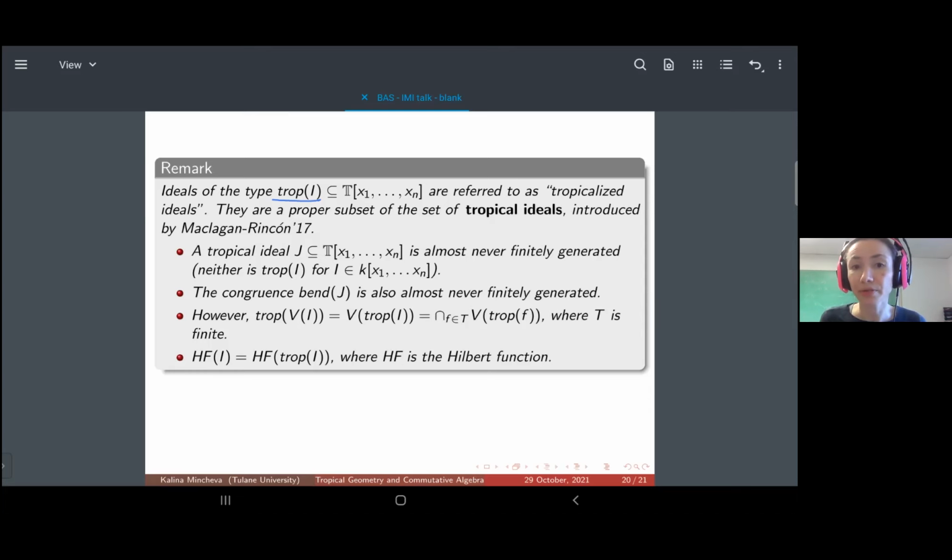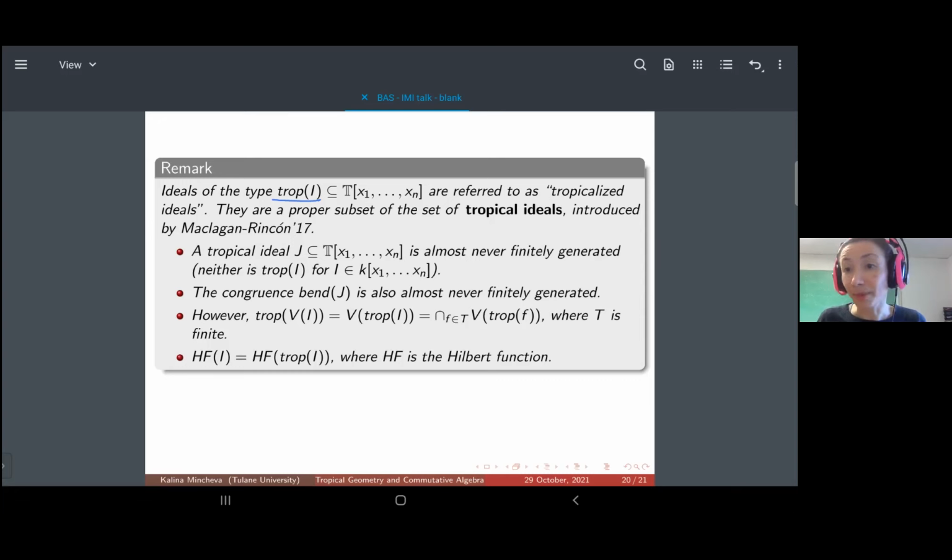But let me tell you something about these ideals. These tropical ideals are almost never finitely generated, which is crazy and sad and makes them very hard to work with. However, they do satisfy an ascending chain condition. And this is something that we'll talk about in a second.